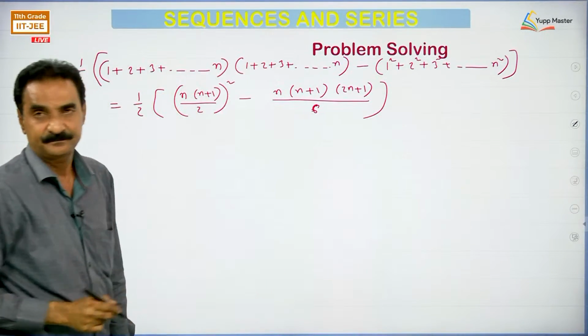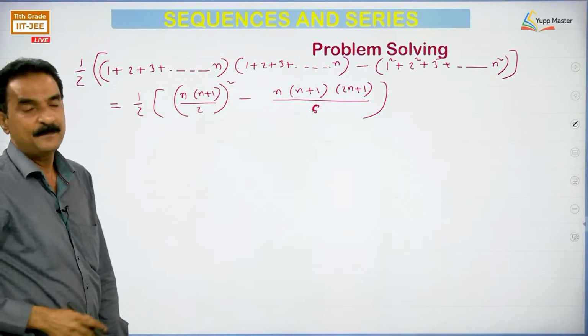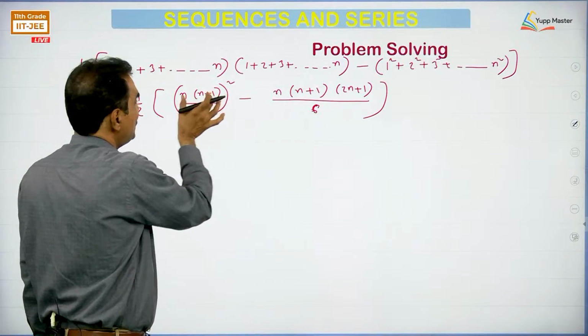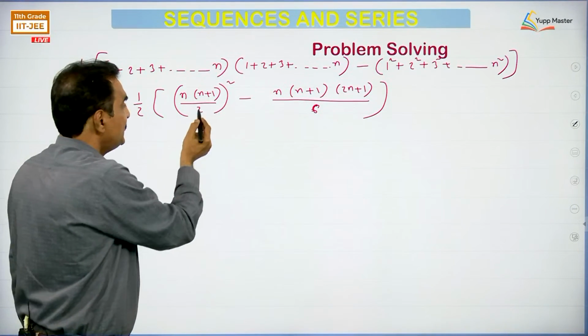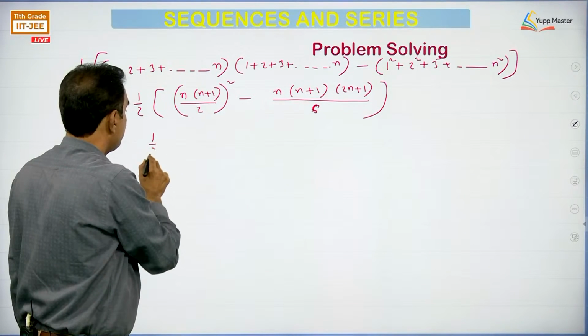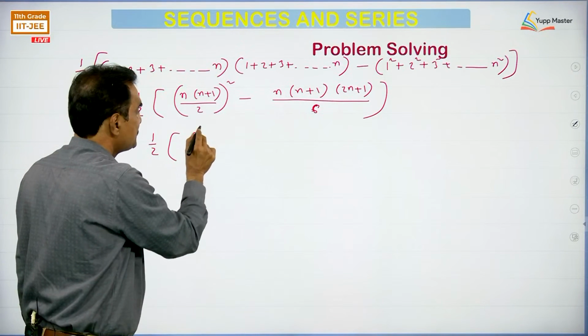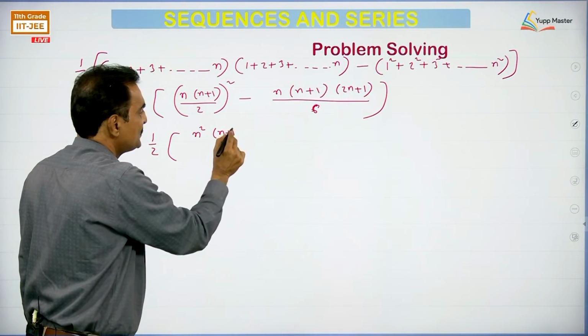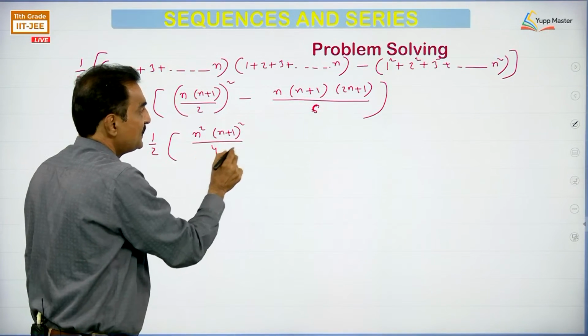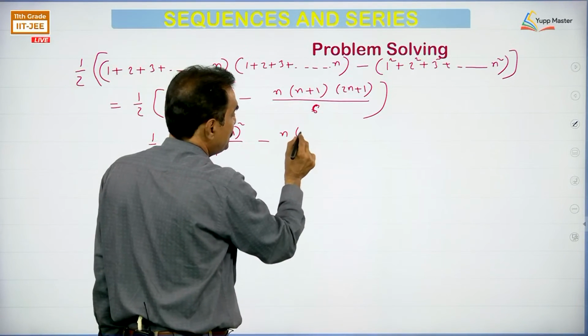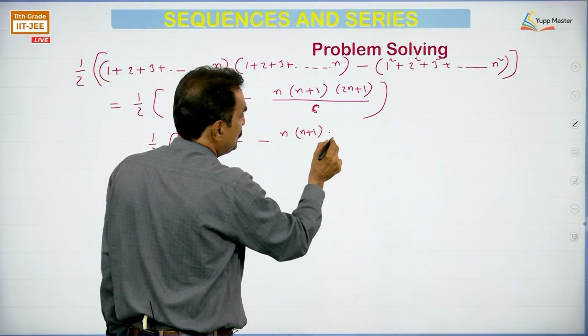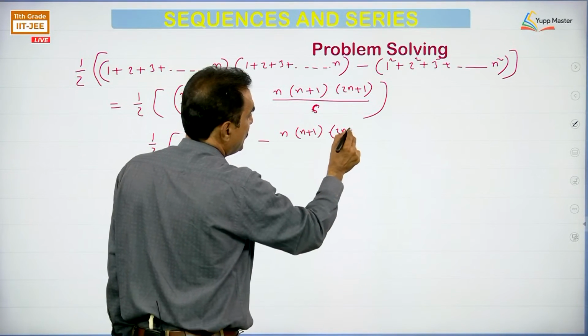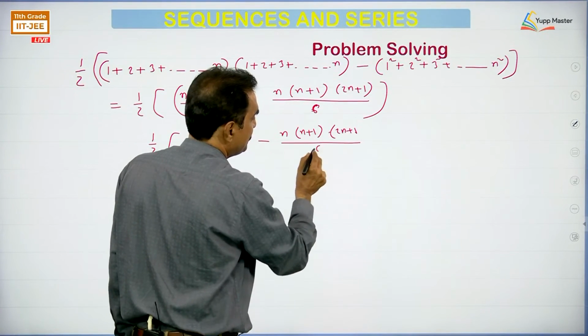Alright. Now we have to simplify. n into n plus 1 is common in both the terms. Here this is n square into n plus 1 whole square by 4 minus n into n plus 1 into 2n plus 1 by 6.